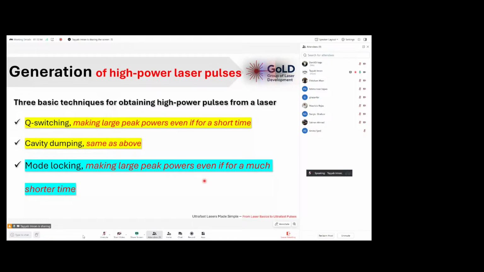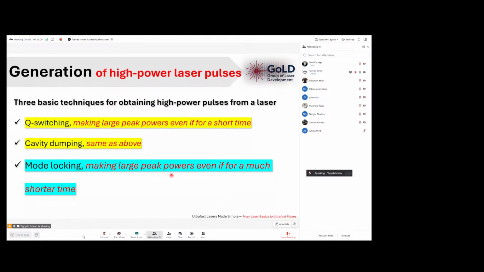You can go to the attosecond, but not directly. Short pulse and very large peak power. When the pulse becomes shorter, the energy is concentrated in a very, very short interval of time, so that is why we get very large peak power.